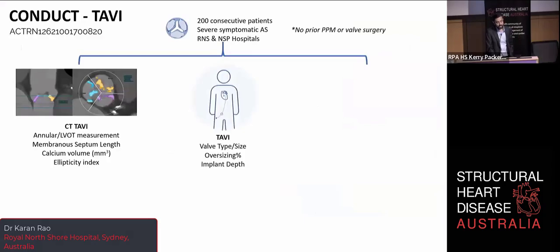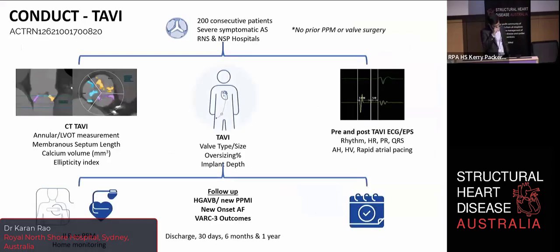So this is my last slide, but this is the crux of my PhD, where we've done this study at Royal North Shore, where we've recruited 200 patients consecutively without a pacemaker and without prior valve surgery. And what we've done is basically looked at all the predictors I've summarized today. So we've done a CT, we've looked at CT predictors, procedural factors.